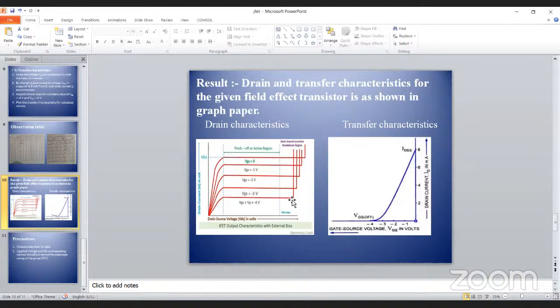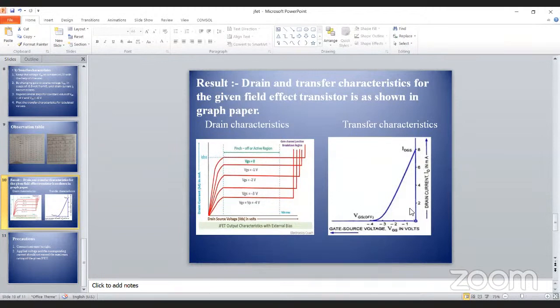When we further increase VDS to a certain value, the ID increases, and this increase is due to the avalanche multiplication of electrons due to the breaking of covalent bonds. This is all about the drain characteristic.